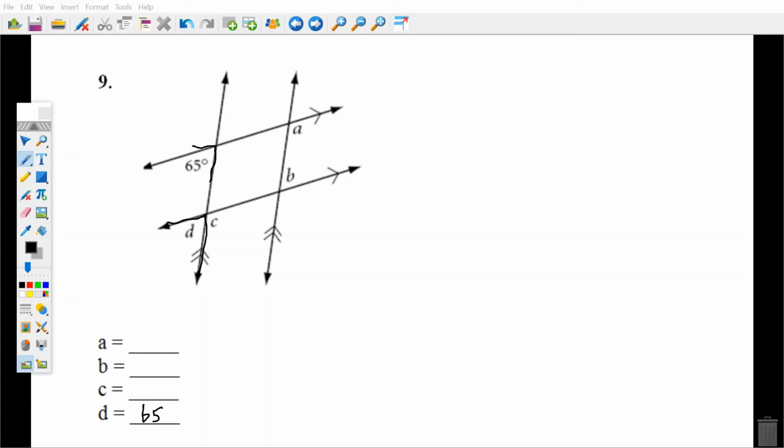Angles D and C make up a straight line, which is 180. So for C, I will go 180 minus 65, which should be 115. This is 115.